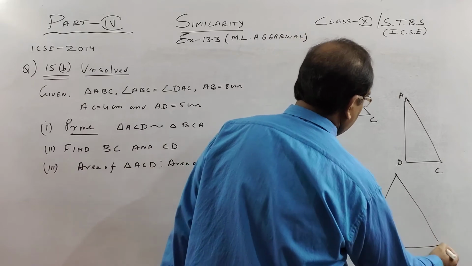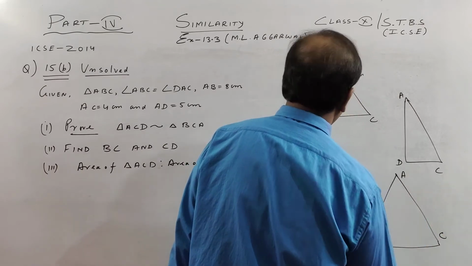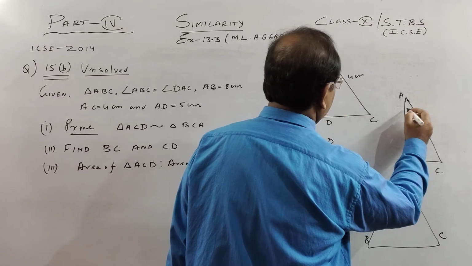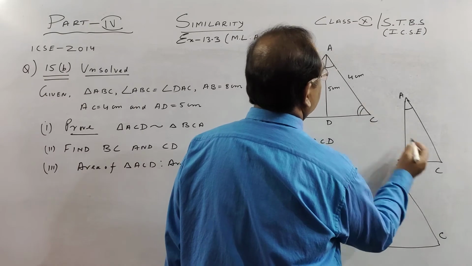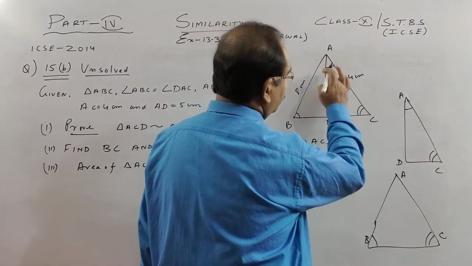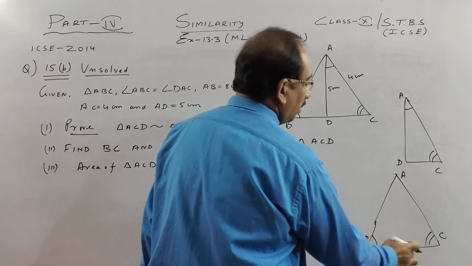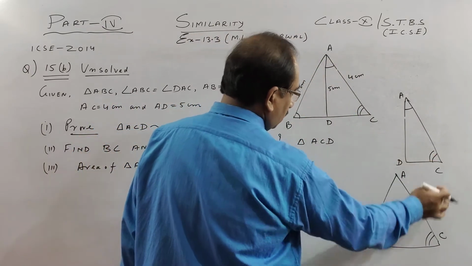And in these two triangles, what is given, children? This is equal to this, and you see this angle is common to both. So two angles of this triangle are equal to two angles of that big triangle. This is equal to this and this is equal to this.